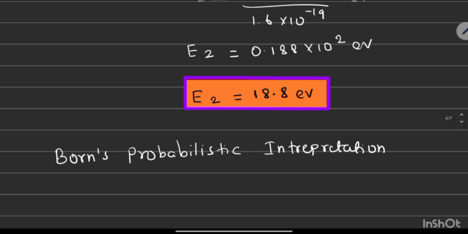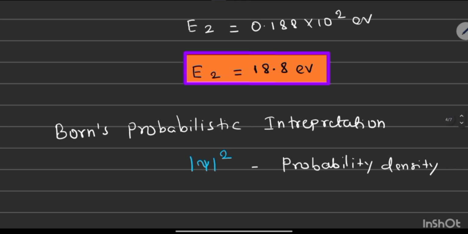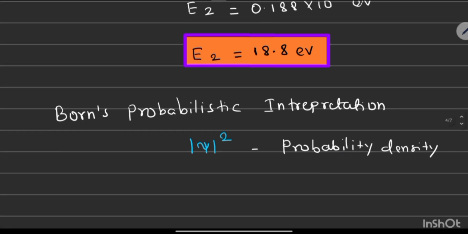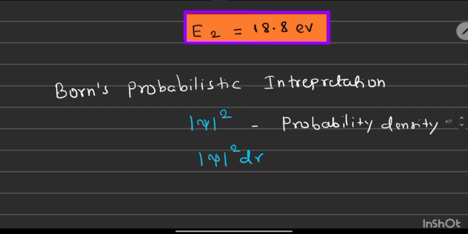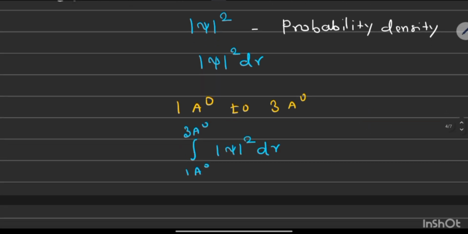From Born's probabilistic interpretation, mod psi squared, the mod of the wave function squared, gives the probability density. If we want the probability over some region, we just integrate over the region. Here in this problem we need the interval 1 Angstrom to 3 Angstrom. So the integration from 1 Angstrom to 3 Angstrom of this quantity will give the total probability over this region.